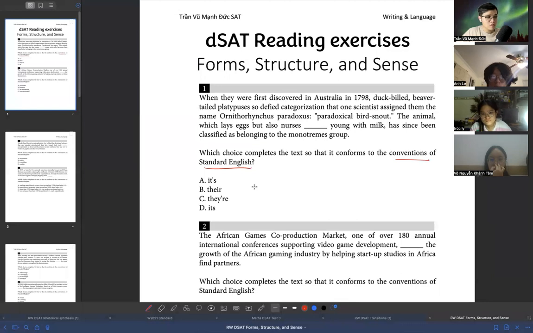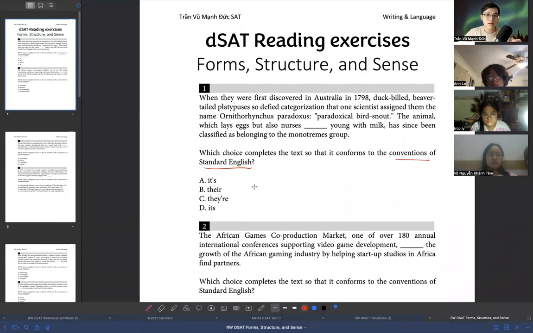So the first question, I will do it for you guys. Hang on a sec, let me open my document. Okay, so the first question: when they were first discovered in Australia in 1798, duck-billed, beaver-tailed platypuses so defied categorizations that one scientist assigned them the name paradoxus, a paradoxical bird snout.